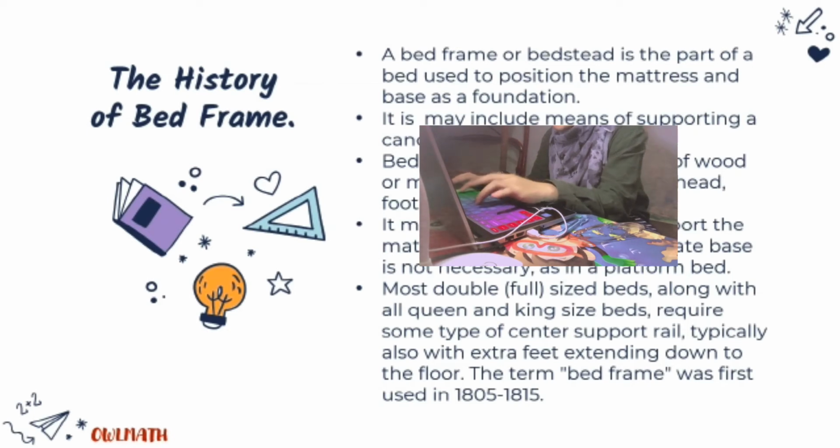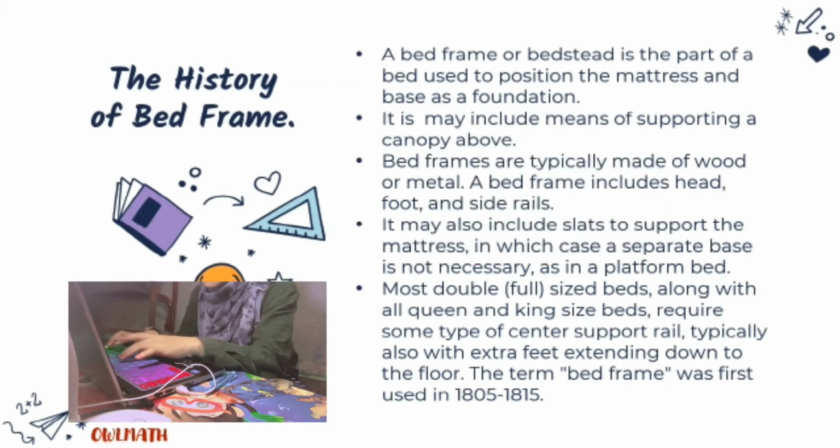Most double full-size beds, along with all queen and king-size beds, require some type of center support rail, typically also with extra feet extending down to the floor. The term bed frame was first used in 1805 to 1815.